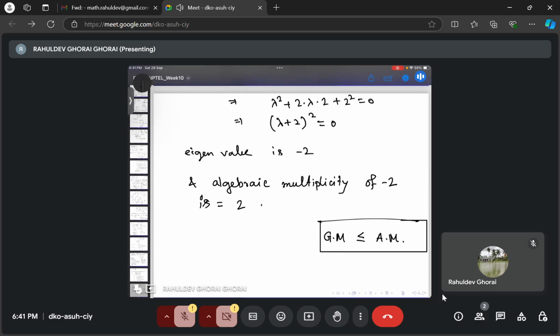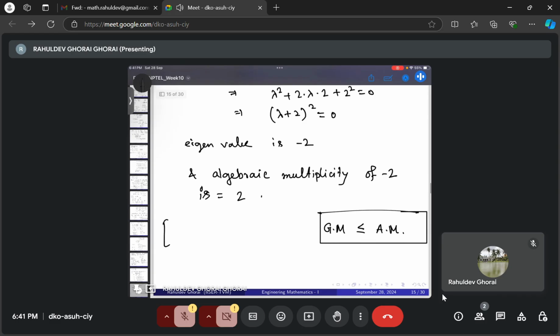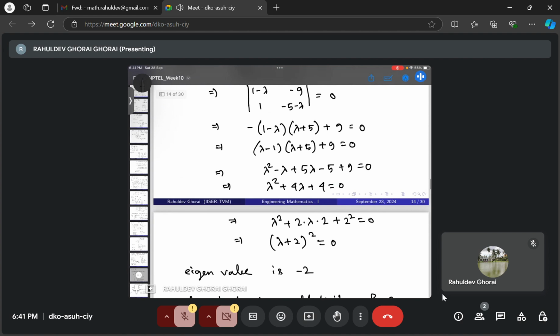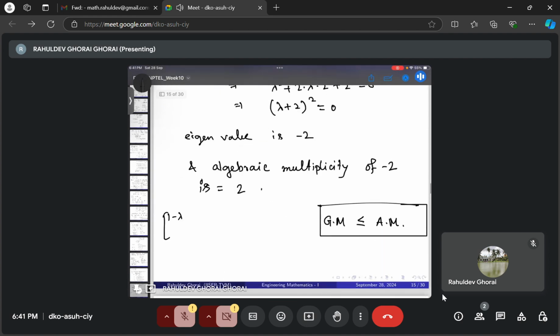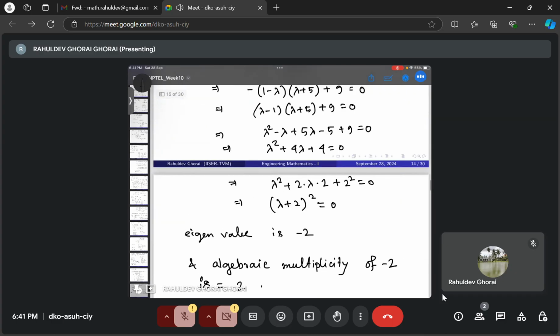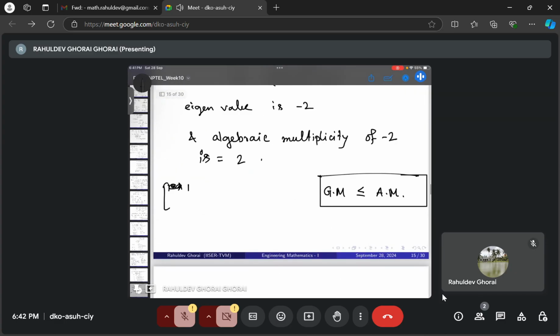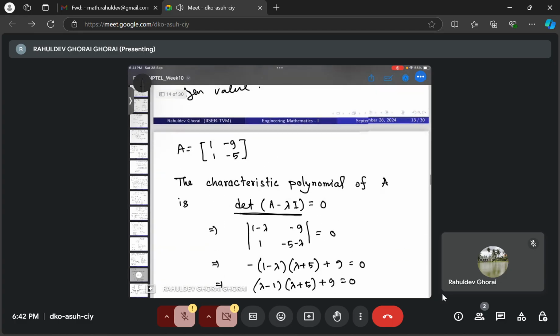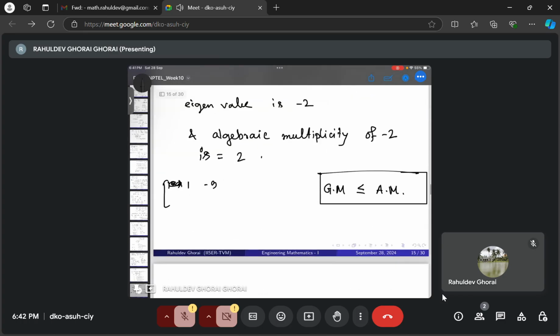Now how do we find out the geometric multiplicity? To find out the geometric multiplicity, we have to find out the eigenvectors. There are two ways I will show you, but at least one way is this: finding out the eigenvectors. The matrix 1 minus 9, 1 minus 5, times x1 x2 is equal to negative 2 times x1 x2, right?